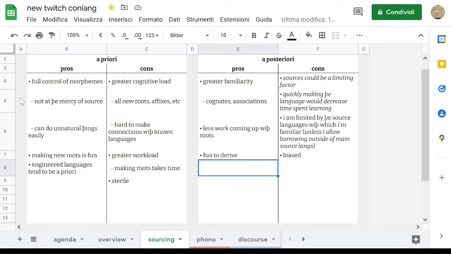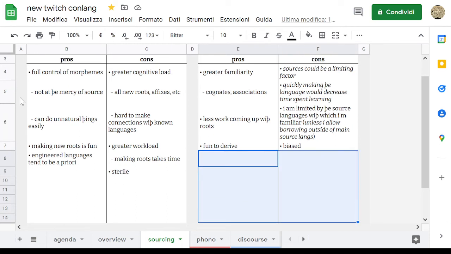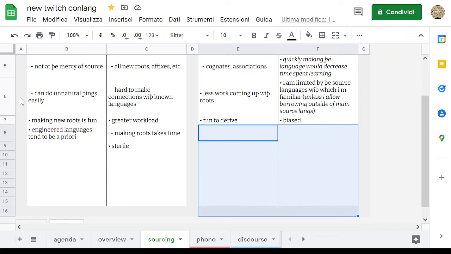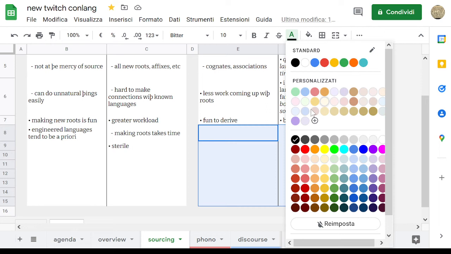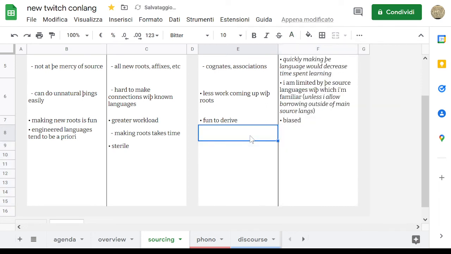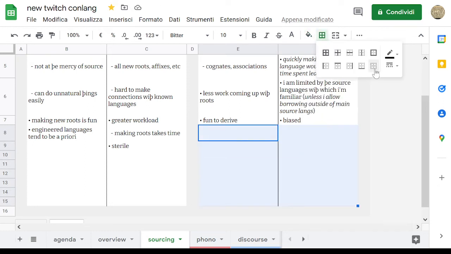It's a language meant for describing the real world, real languages, real cultures. And I want to be able to learn it quickly. I want to be able to make associations with the languages I'm using to describe it with. So I'm going to say that I want the language to be a posteriori. That's kind of my tentative choice here.